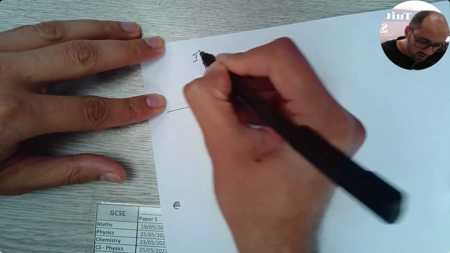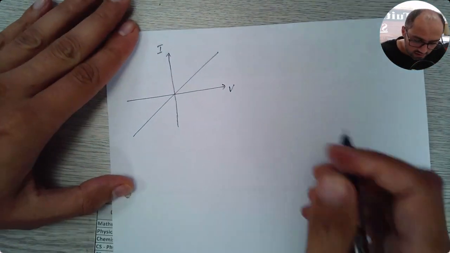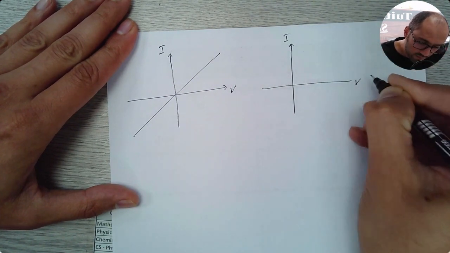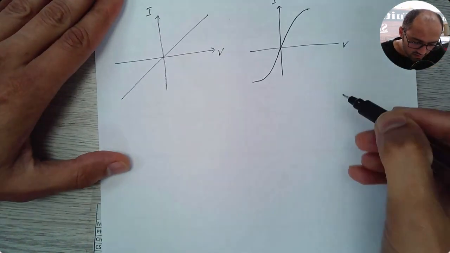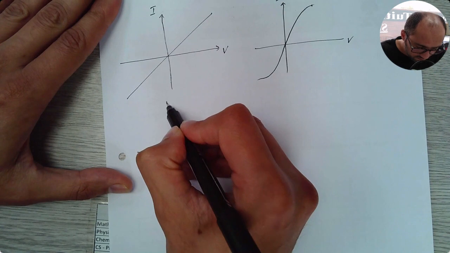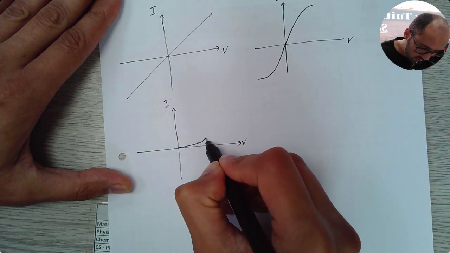I use I against V, and have a graph like this. I can have a graph like this. Again, for I against V, I can have a graph like this.